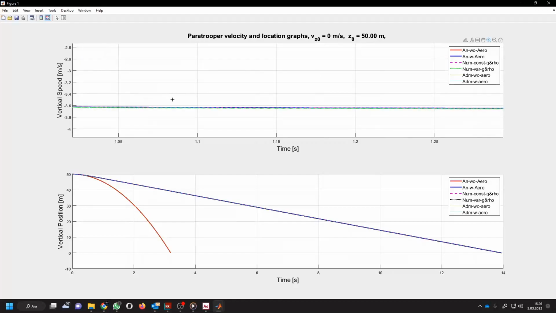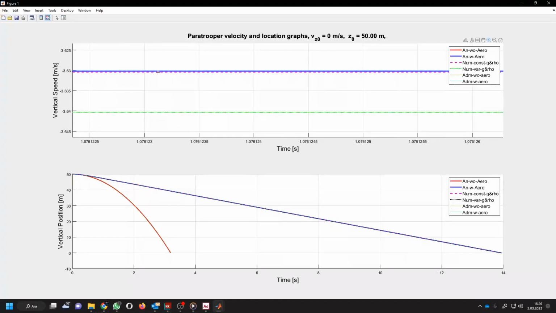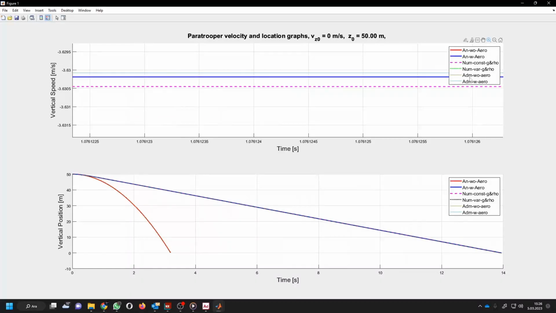Let's go here again. See that the model with aerodynamic forces in Adams is very close to our analytical and numerical solution with constant g and air density. This is expected.